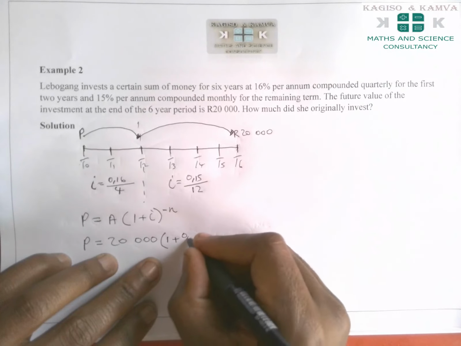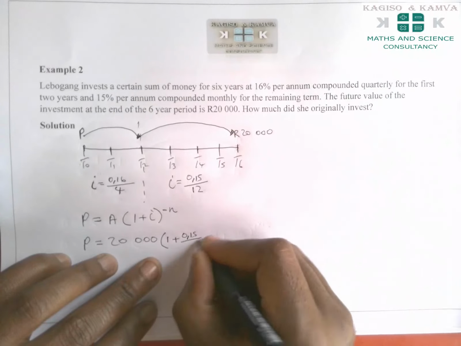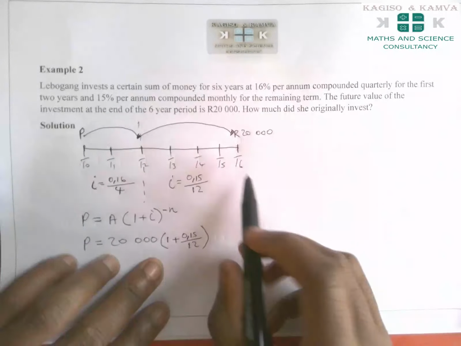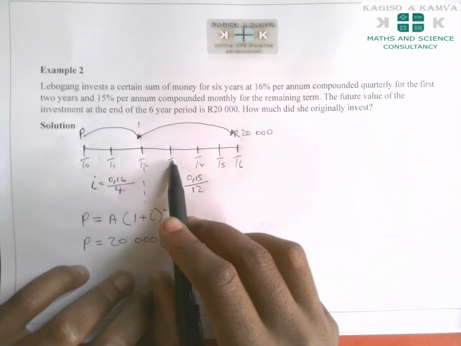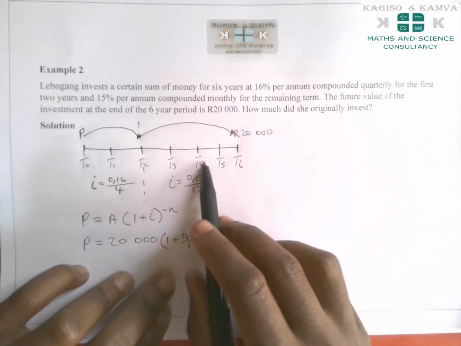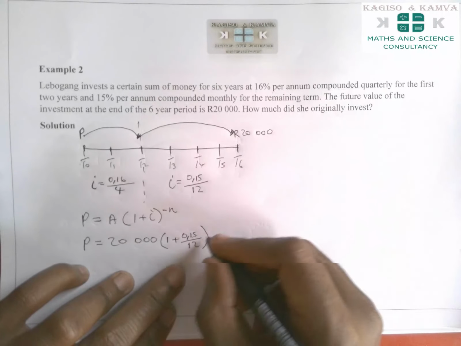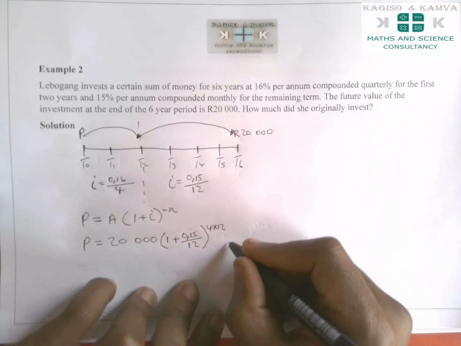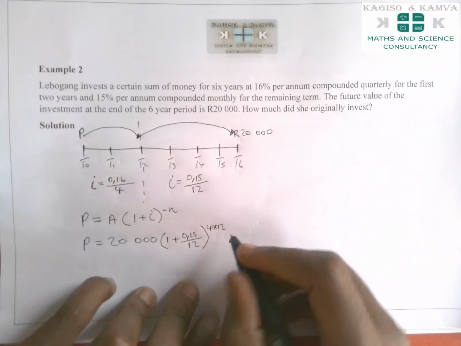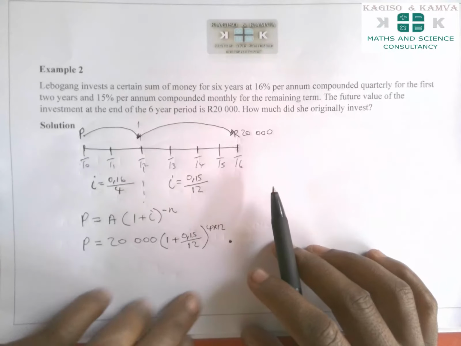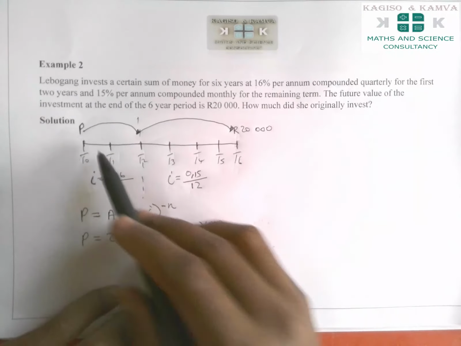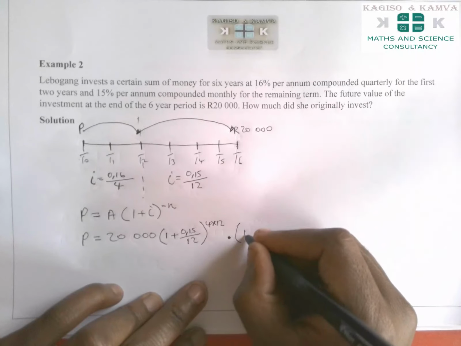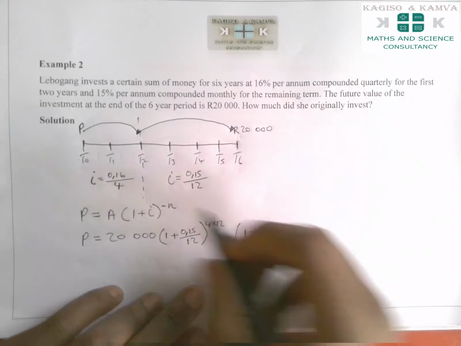It is 0.15 divided by 12 for how many years? Okay, for 4 years, 1, 2, 3, 4. And then this is going to be 4 multiplied by 12, and then we multiply this by what? The next investment is going to be 1 plus, what is the interest rate now?